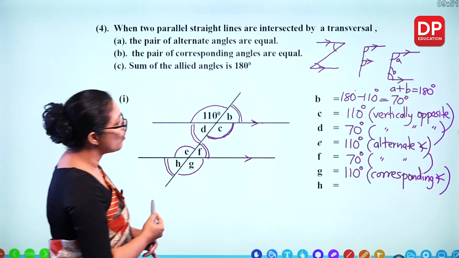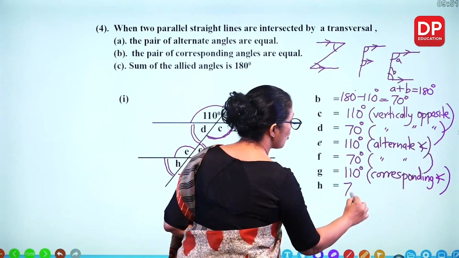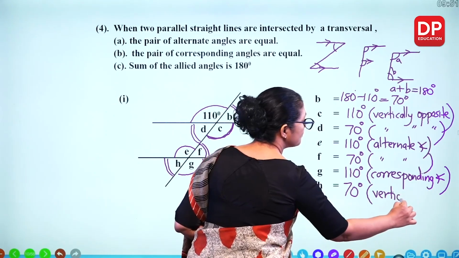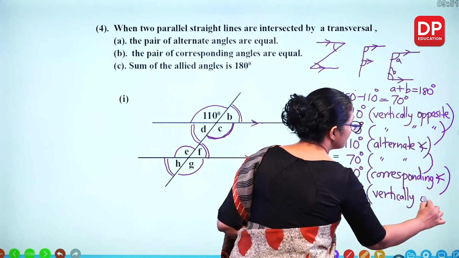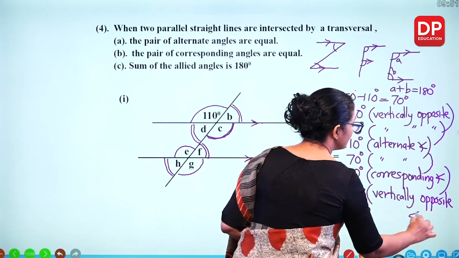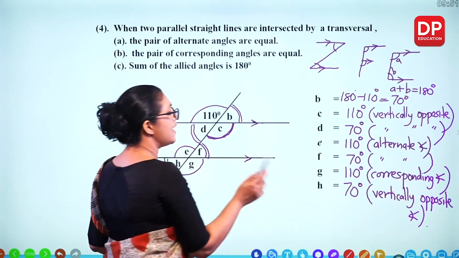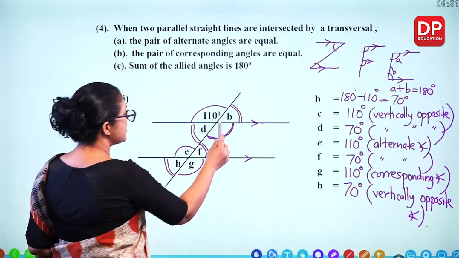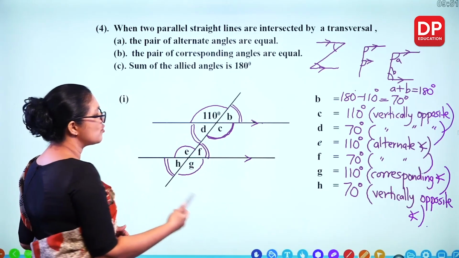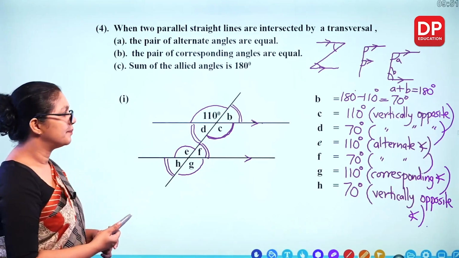So F we found 70. So H is also 70. So you can give different reasons.